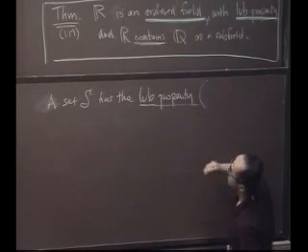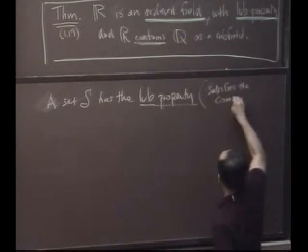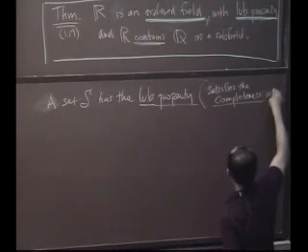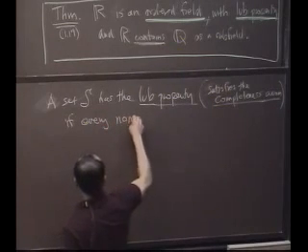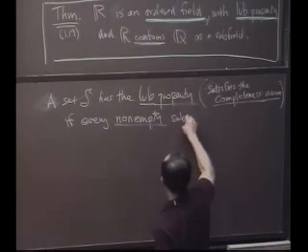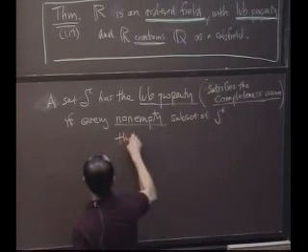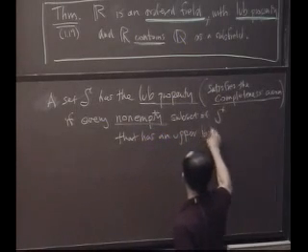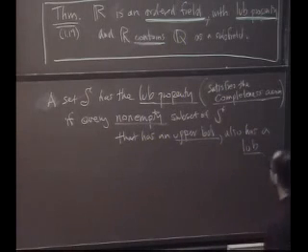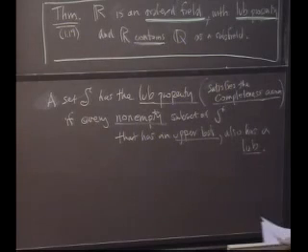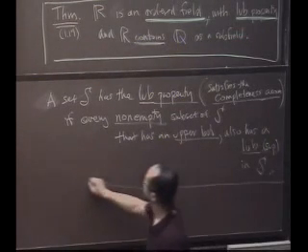Another way to say this is you might also hear the term, S has the least upper bound property, or you might say it satisfies what's called the completeness property, or completeness axiom, if every non-empty subset of S, non-empty is important, that has an upper bound also has a least upper bound, or a supremum, in S. Okay, it has to have one in the set you're talking about.